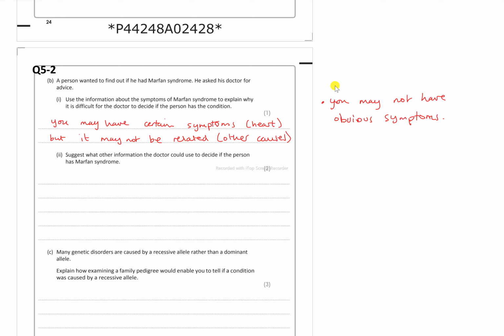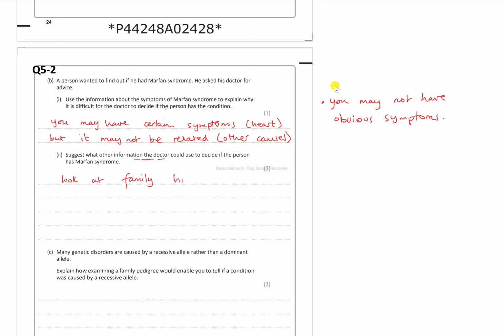Or on the other side, you may have long fingers, for example, but you might not have the condition. It might just be genetic. You've always had long fingers, your parents have. So what the doctor could do, it's always good to look at family history to see whether it runs in the family.